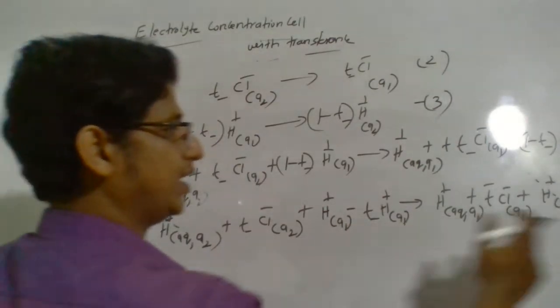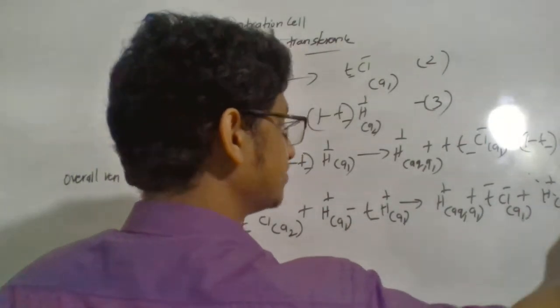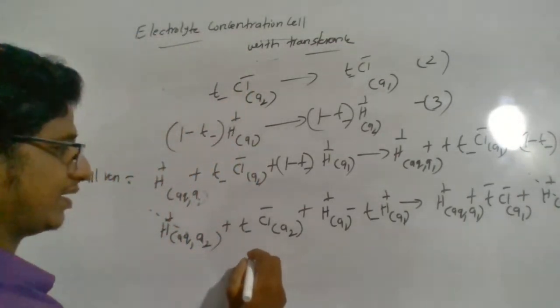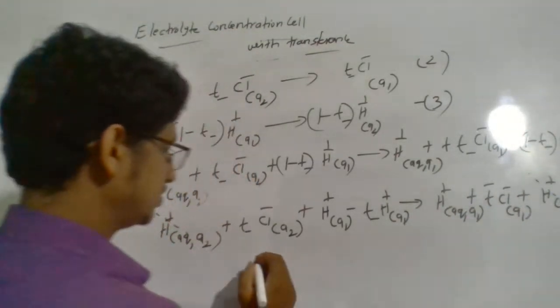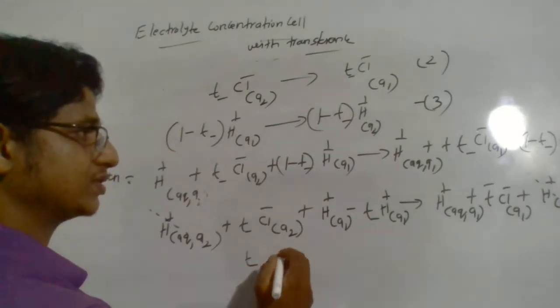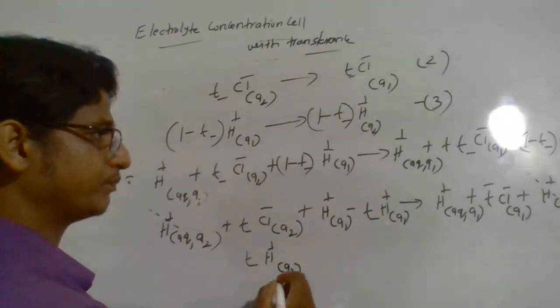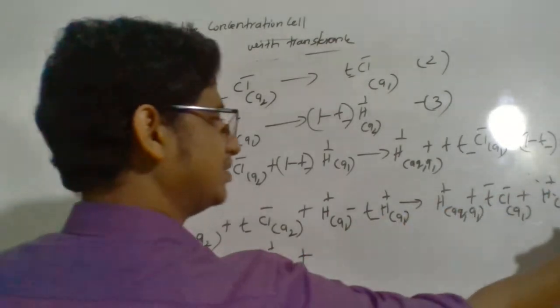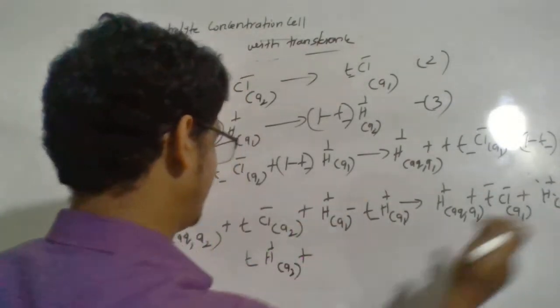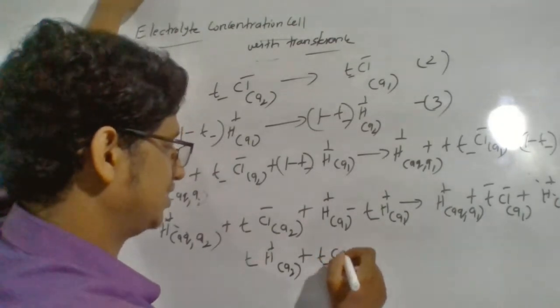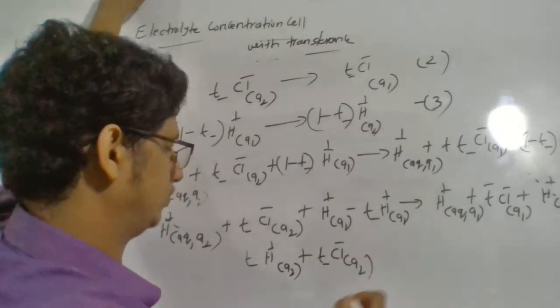So let's bring A2 together. This is minus, which means when it comes here it will be plus. So it will be T minus H plus A2 plus T minus Cl minus A2.